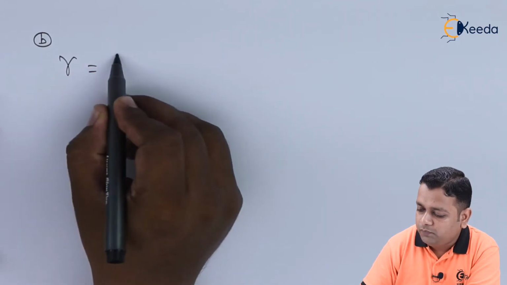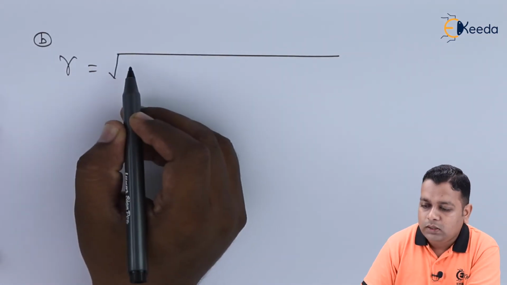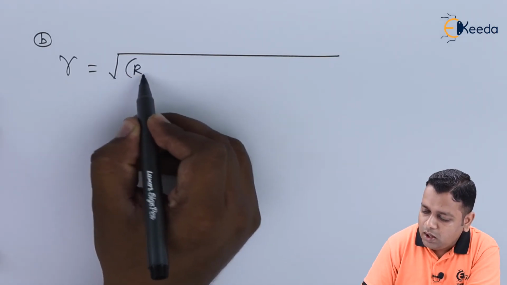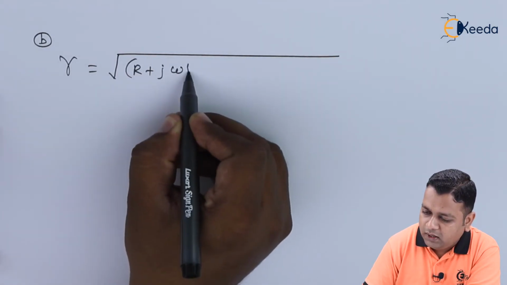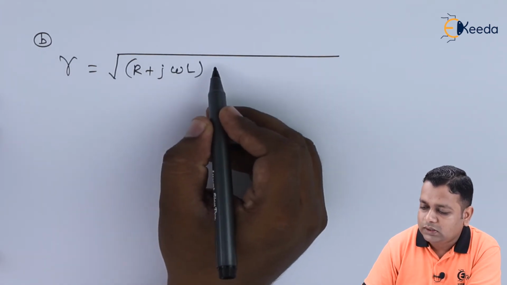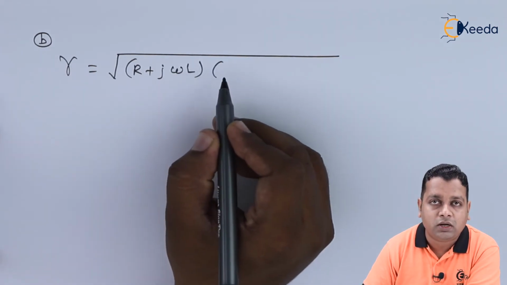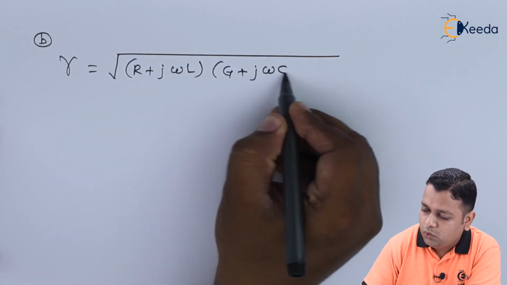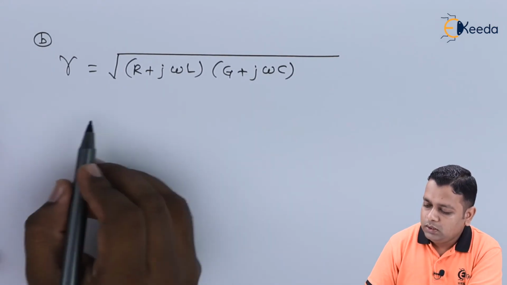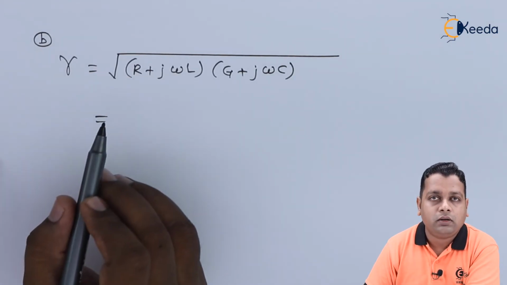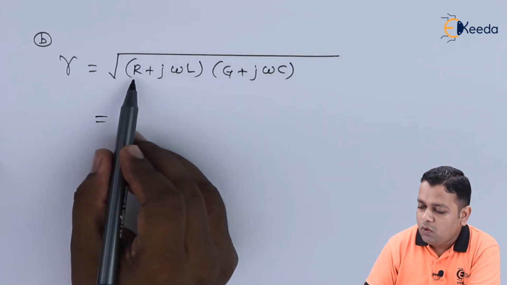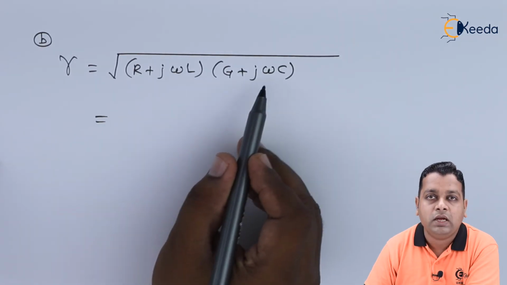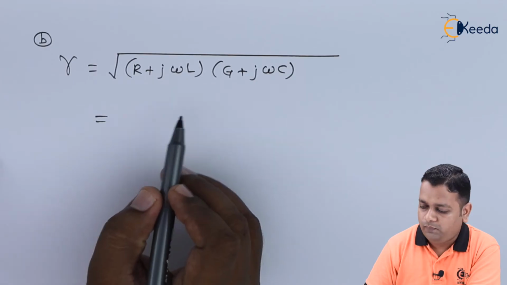The formulation is the square root of the first bracket, R added with j omega L, multiplied by another bracket, capital G added with j omega C. From the earlier part A, we have R plus j omega L and G plus j omega C computed in polar form.